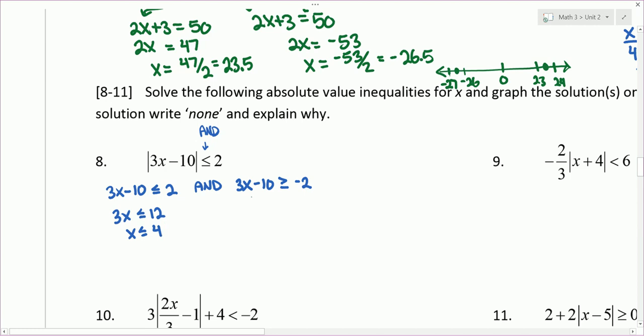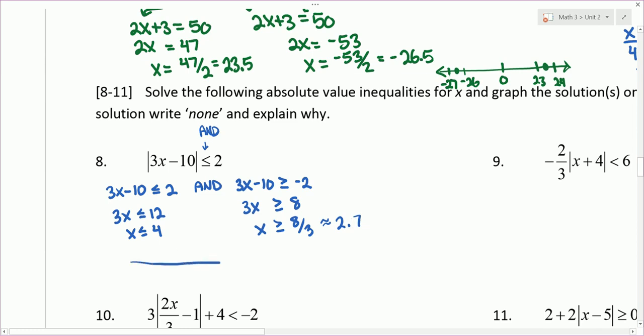And on the second equation we're going to add 10 again, and divide by 3. 8/3 as a decimal is roughly 2.7. Okay, so between 2 and 3.